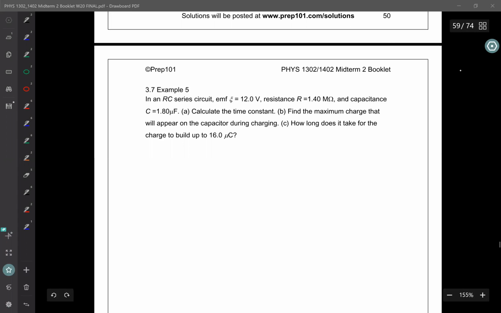Now, if we take a battery, here we have a 12 volt battery. The voltage of it could be shown by E or V, that is equal to 12 volt, connected to a resistor, and then connected to a capacitor.